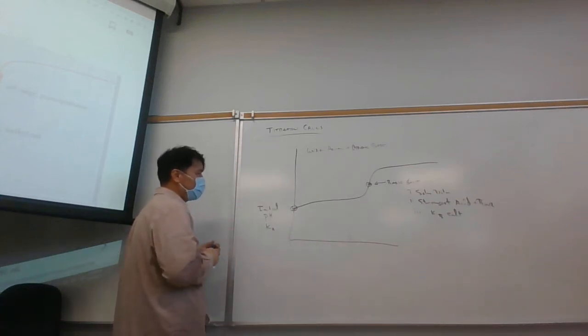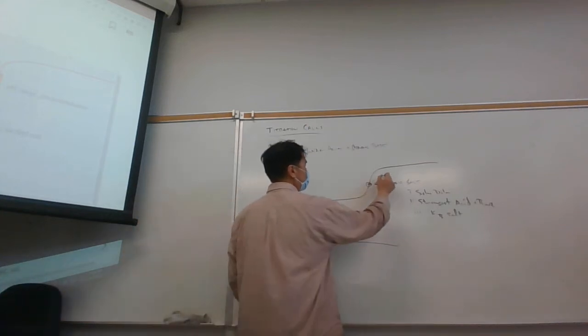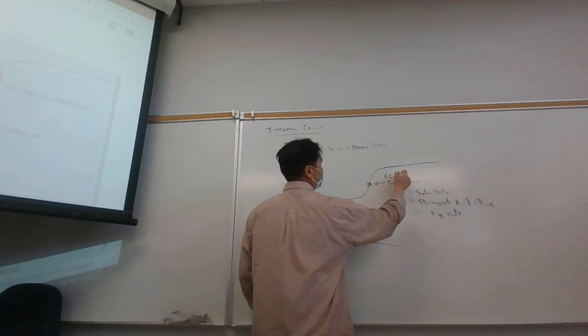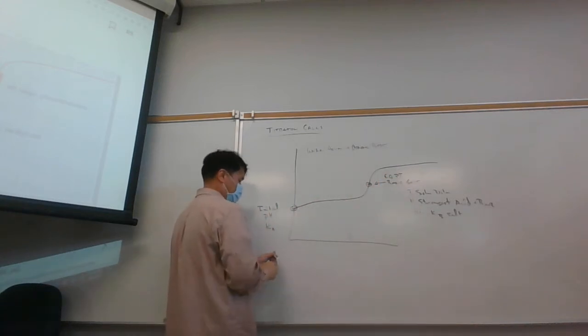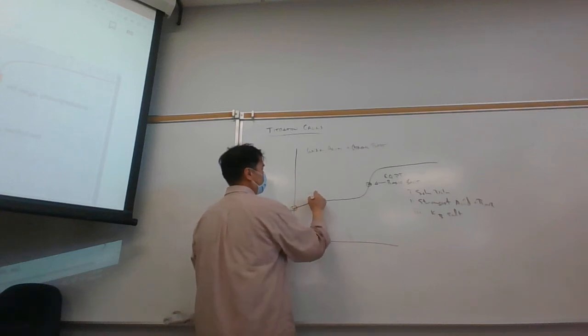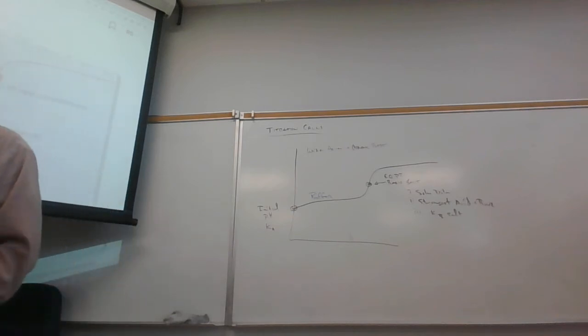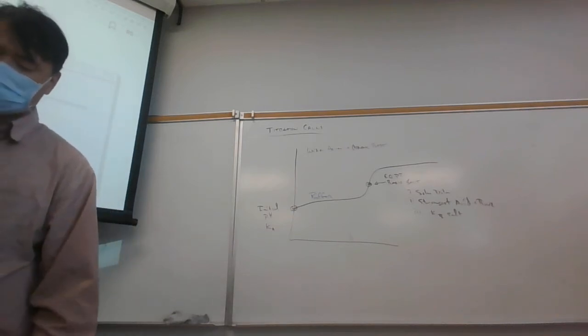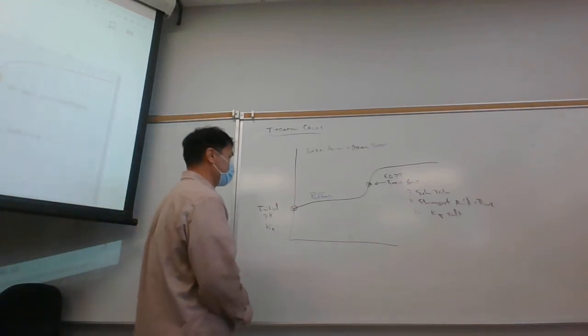Between the initial pH and the equivalence point, we have the buffer region. This is excess weak acid. Some of that weak acid gets converted into its conjugate base. So this is excess weak acid plus its weak conjugate base, which is a buffer solution.